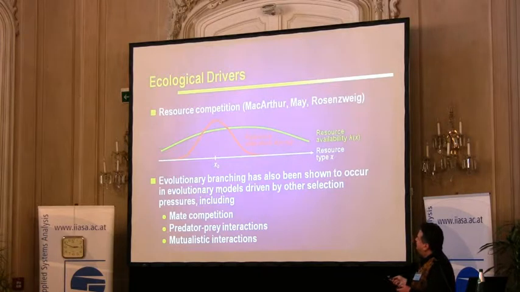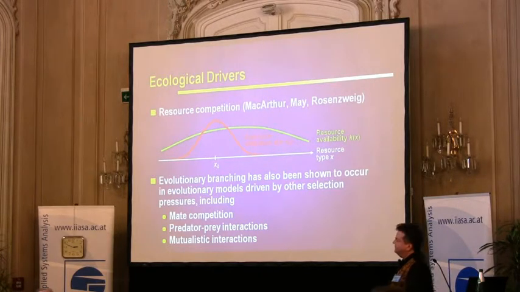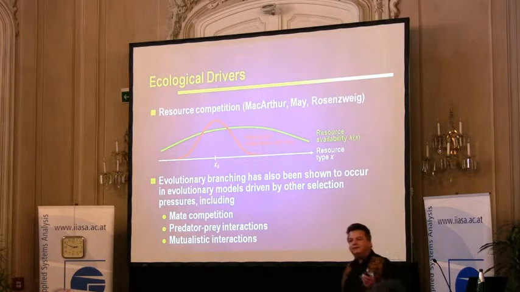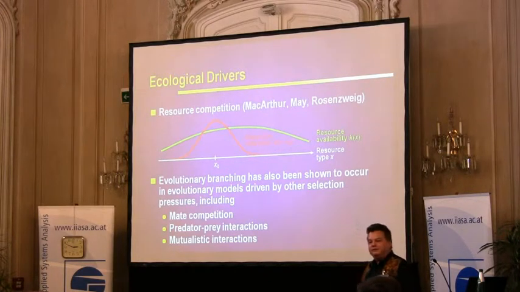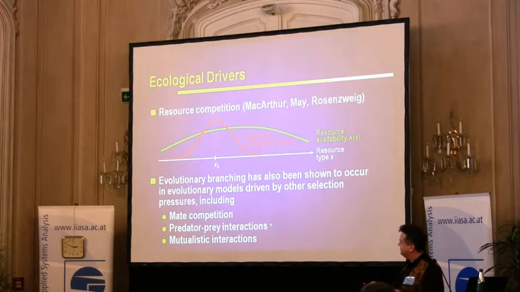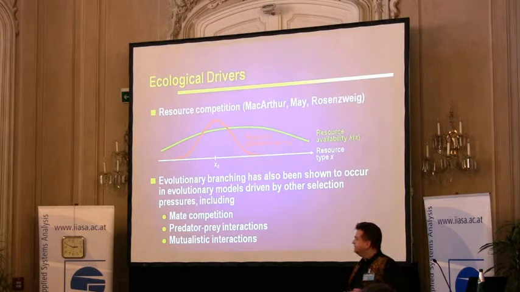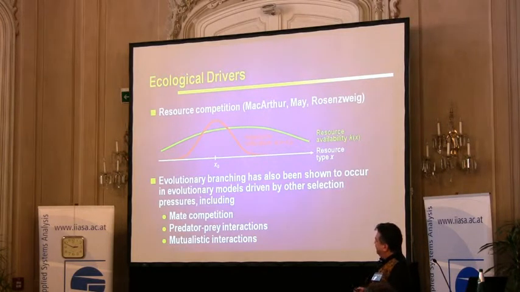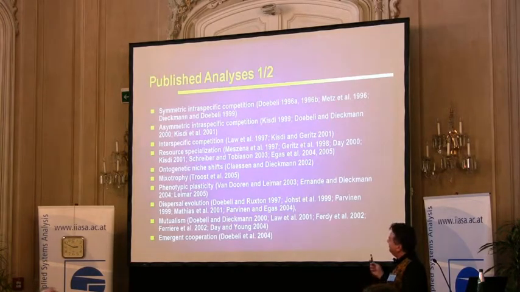And evolutionary branching has also been shown to occur in evolutionary models driven by other selection pressures. Actually, all three fundamental types of ecological interactions can cause evolutionary branching, including predator-prey interactions, or more generally exploiter-victim interactions, mutualistic interactions, and then also mate competition. So this links to sexual selection. Now, this can be put into an asexual model, into a sexual model, into a spatial model, and I will get to that quickly.